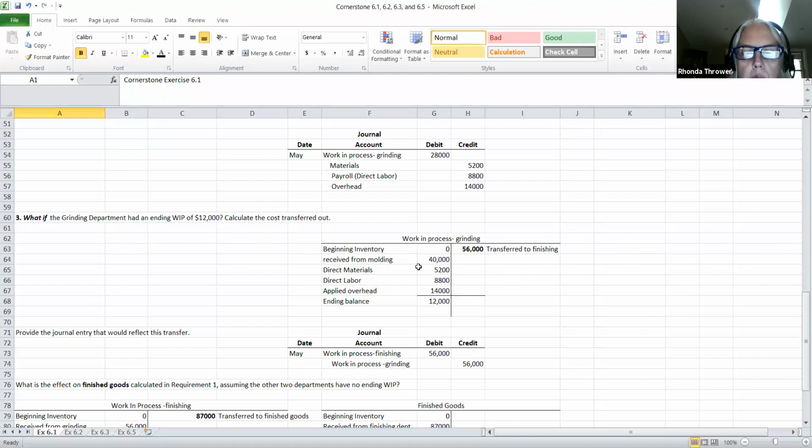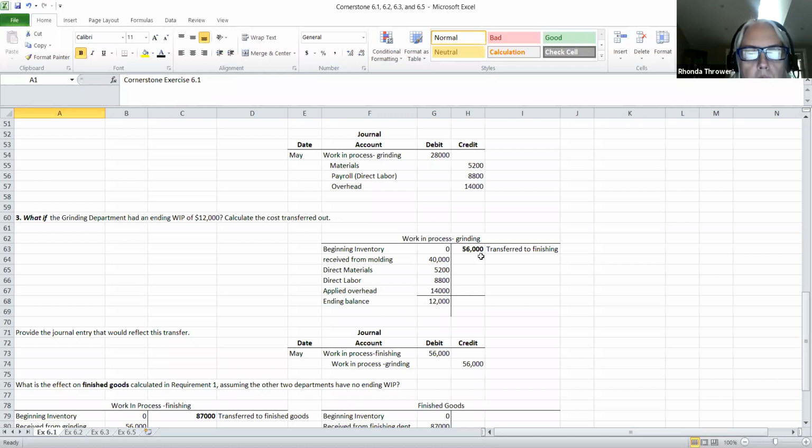And we still are receiving $40,000 in from the molding department. We still have materials that we are going to be using in this grinding department, the labor for the grinding department, and the applied factory overhead. The only difference is this time we have an ending balance.